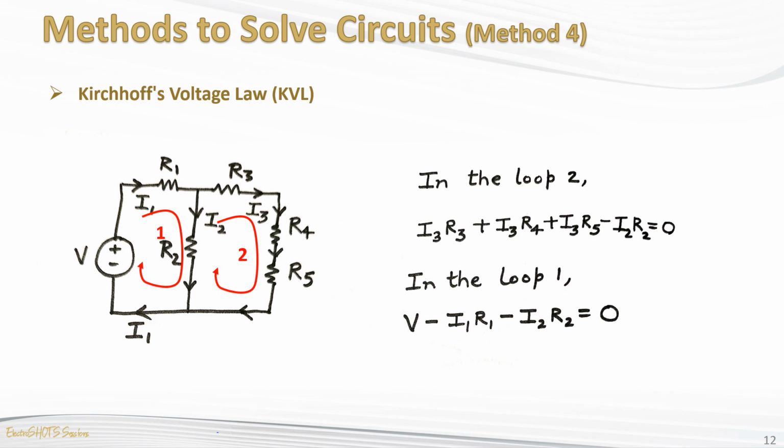If there is a mesh or a loop and you start from the positive end of the EMF source and go around the loop, coming to the negative end of the supply, you will see that whatever energy has been given by the EMF source is expended through all the elements that you pass through. Thus the sum of all the voltage drops and the EMF in a particular loop comes to zero.